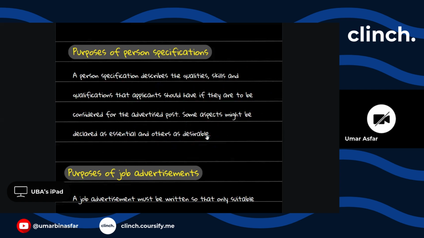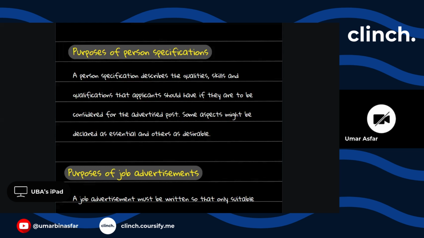So whenever we are advertising for a job, we list down some of the skills or qualities we'll be looking for in the applying candidates. These qualities could be divided into two parts: essential and desirable. Let's assume that someone is applying for an accountancy job.